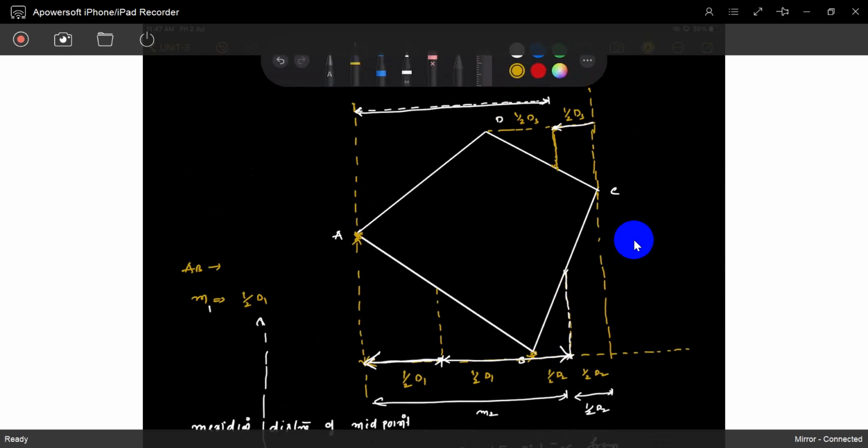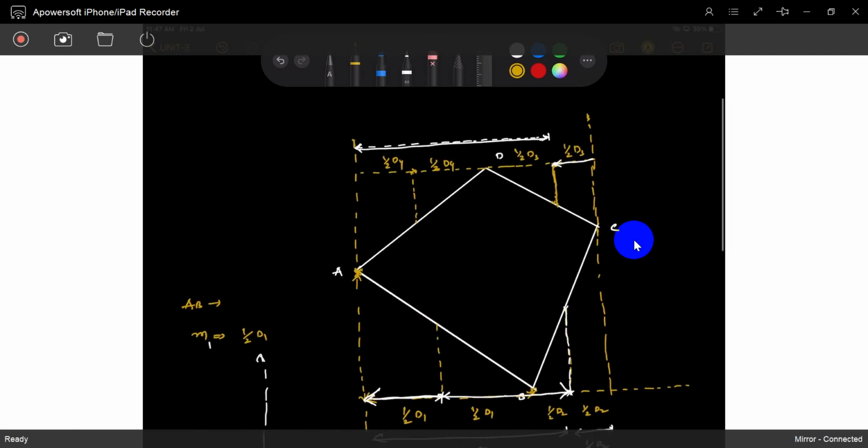If you see it for the DL line, maybe this, of D4. If you see, the meridian distance is this much. Sir, you can directly write of D4.